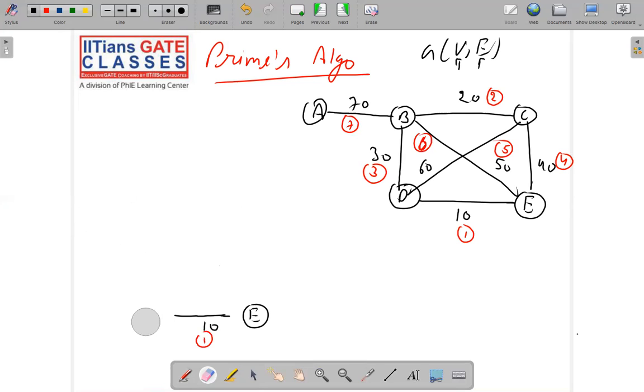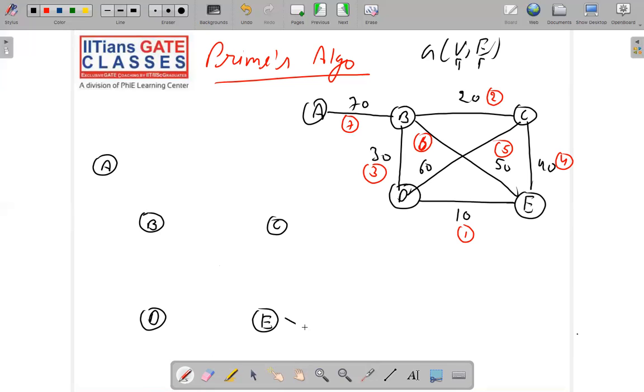So if you execute Prim's algorithm, it will go like this. First, you draw all the nodes B, C, D, E, and A. Then you pick one node. For example, if I pick E, I randomly pick a node.